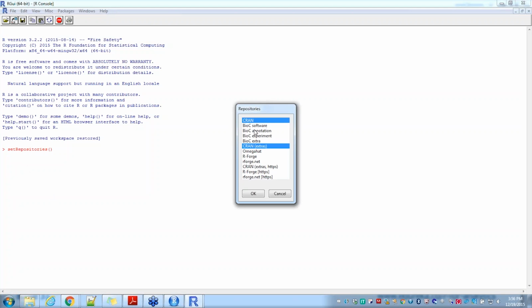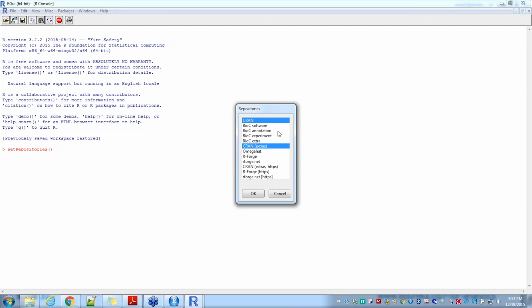Okay, so this repository will identify which class of repositories you would want R to point to. So there are multiple repositories, and when I say repository, it's basically a large collection of various packages. The most popular repository and the repository with the largest number of packages is the CRAN repository.